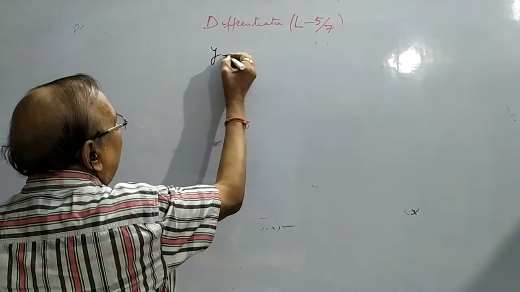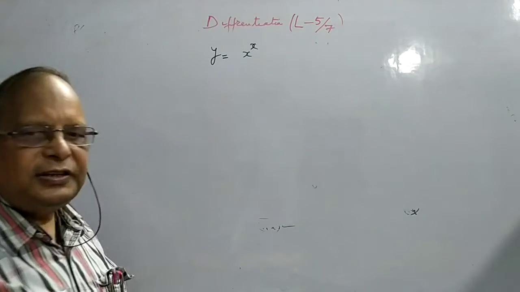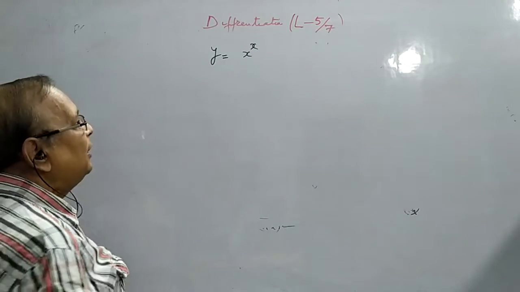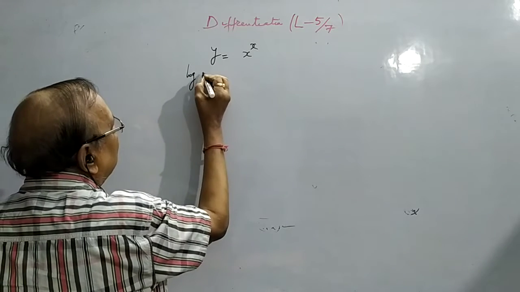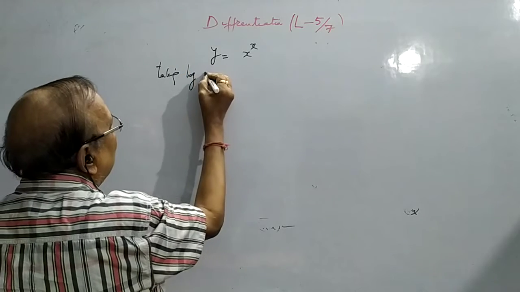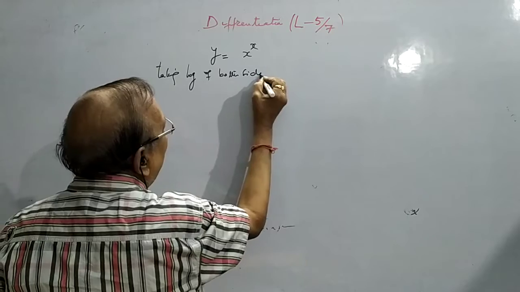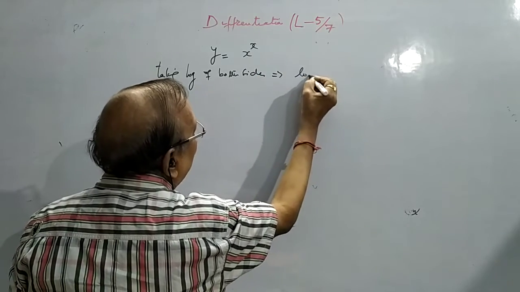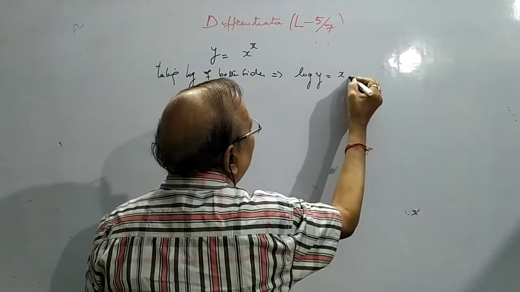Say y is equal to x to the power x. In the first stage I am taking the simple example, taking log of both sides. What we get? Log y is equal to, you are familiar, x log x.